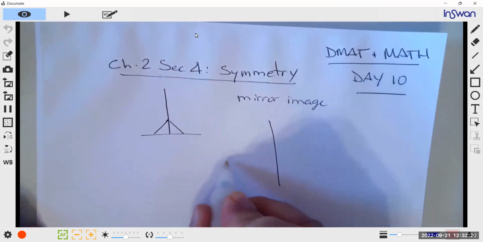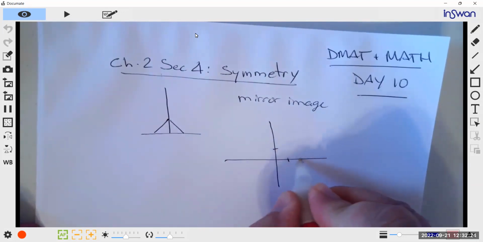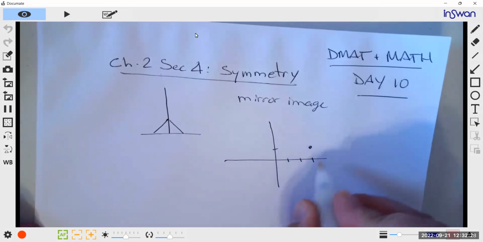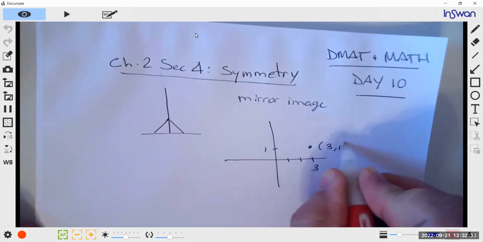Now, in our XY graph, let's say we had a point here at 3, 1.